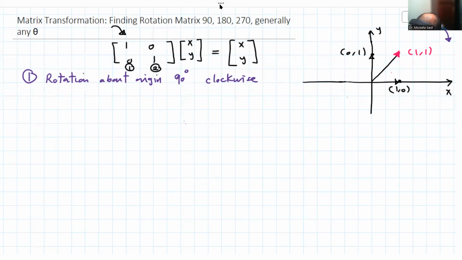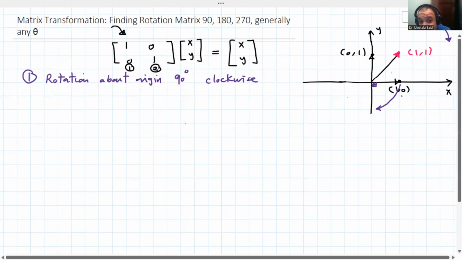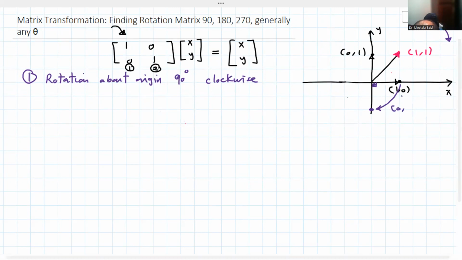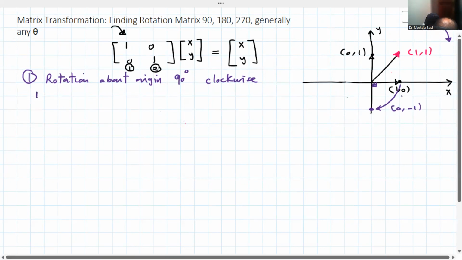This one will rotate like that. And remember, it's 90 degrees. So the 1, 0 will end up at this point, which is 0, minus 1.